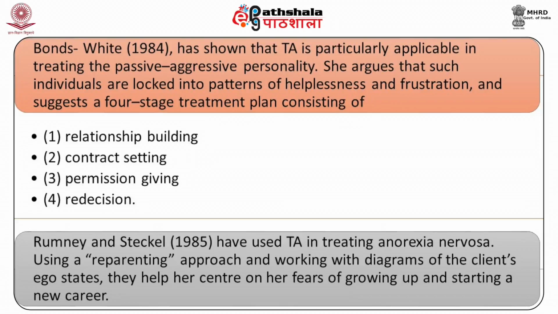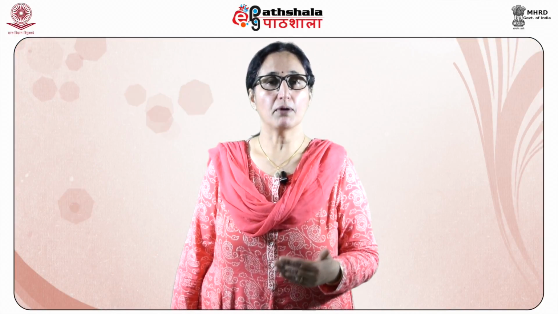Transactional analysis has also been used in treating anorexia nervosa using a reparenting approach and working with diagrams of the client's ego states, helping her center on her fears of growing up and starting a new career. James in 1984 has applied transactional concepts to grandparenting, showing how grandparenting can be an emotional facilitator for the entire family.